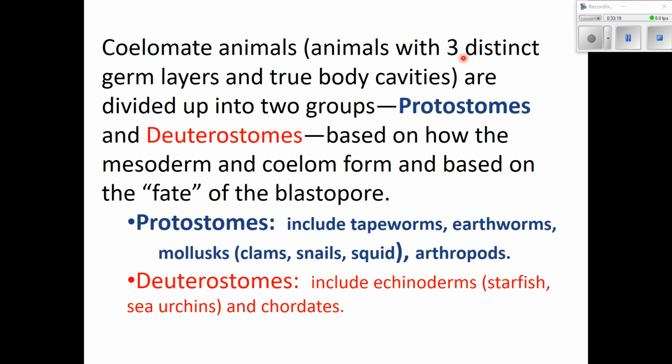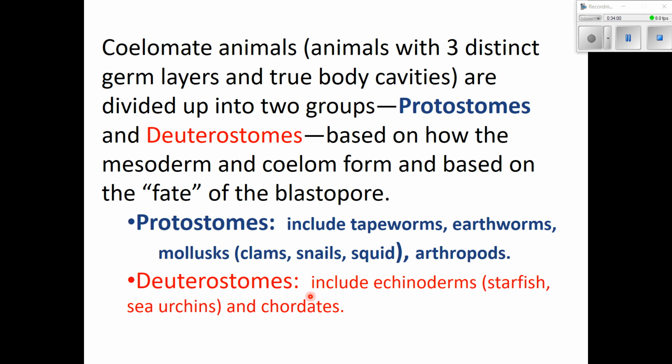All of those animals, from earthworms to insects to amphibians, fish, reptiles, birds, mammals, clams and oysters, starfish, all of those animals can be divided up into two major categories: protostomes and deuterostomes. And this categorization, like splitting animals into these two major groups, is based on how they develop as embryos, specifically how the digestive tract develops.